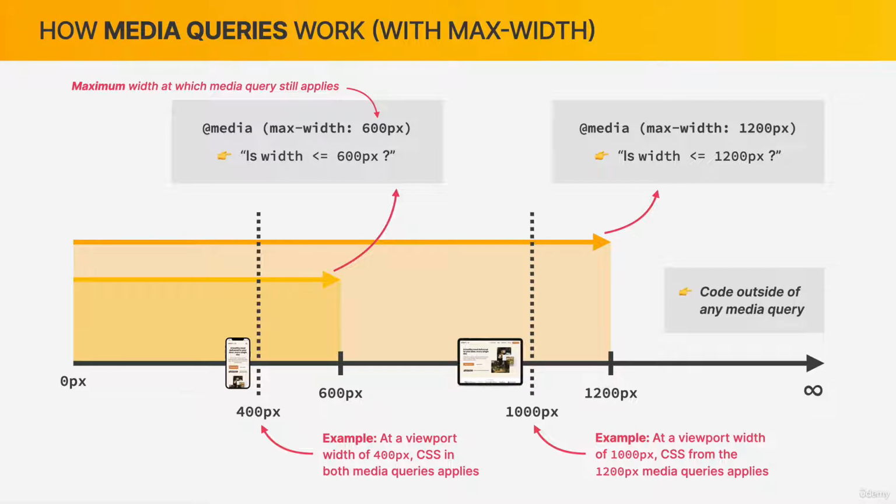So 1000 is of course less than 1200 pixels, but it is not less than 600. And therefore only this 1200 pixel media query does apply here. So with that, I hope you understand now how the max width media queries work. And so let's now switch to our code and try it out there.